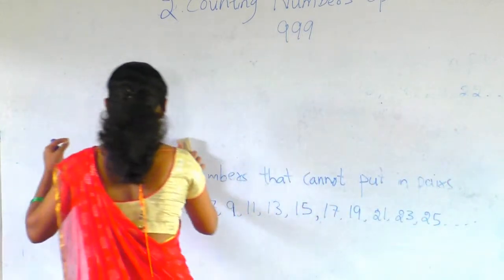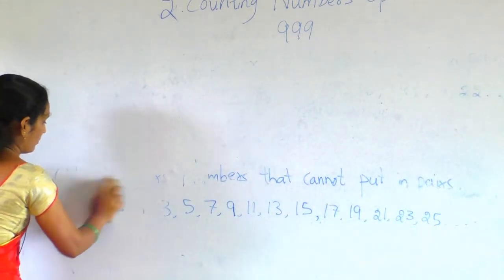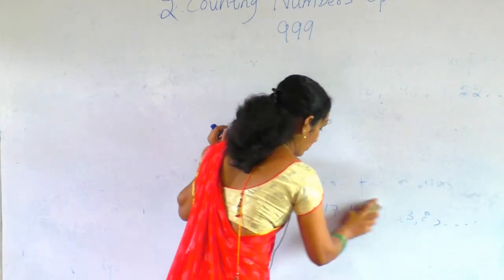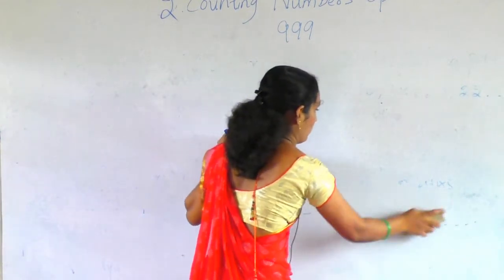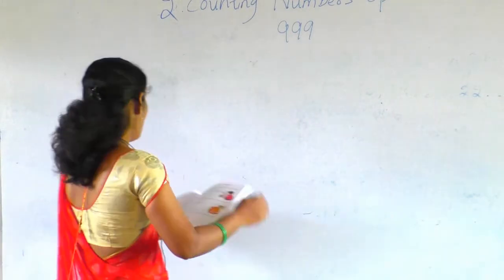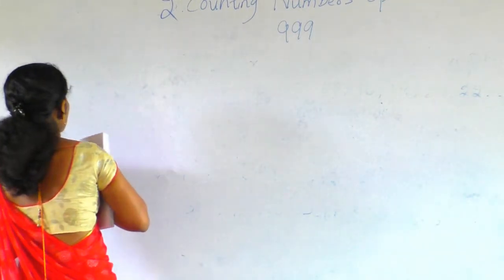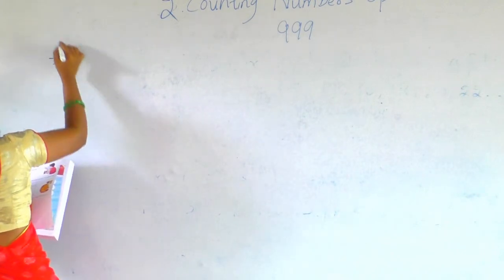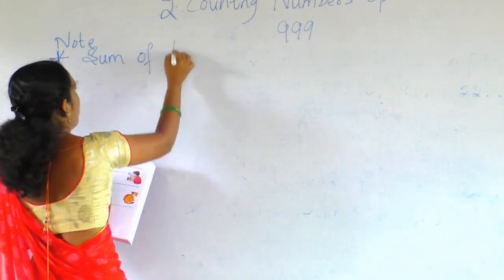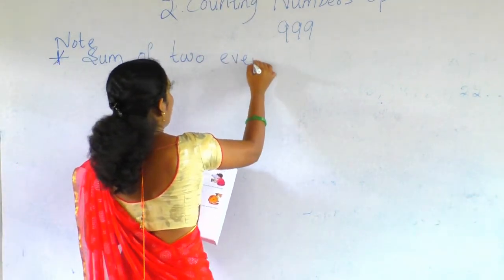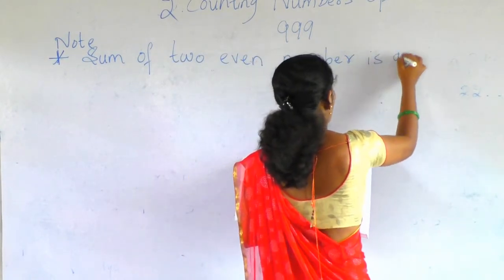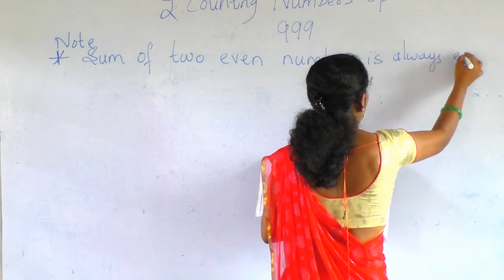Just to know, sum of 2 even numbers. See here, this is a note. Write in classwork. Sum of 2 even numbers is always even.